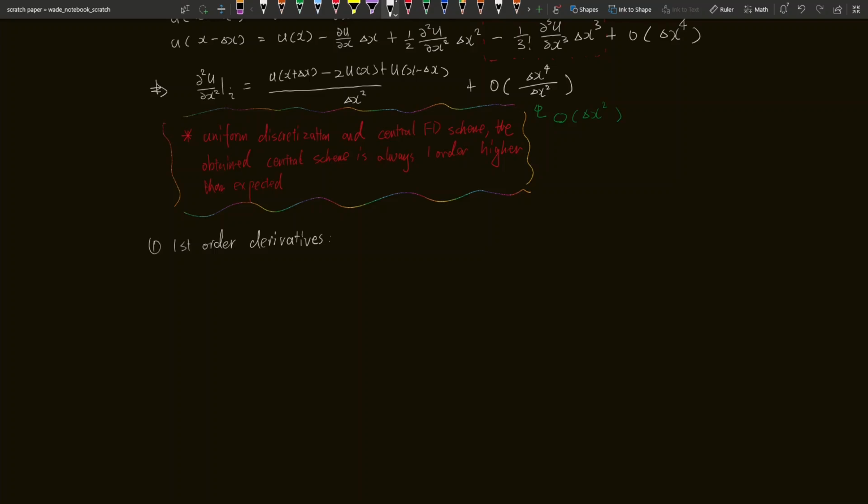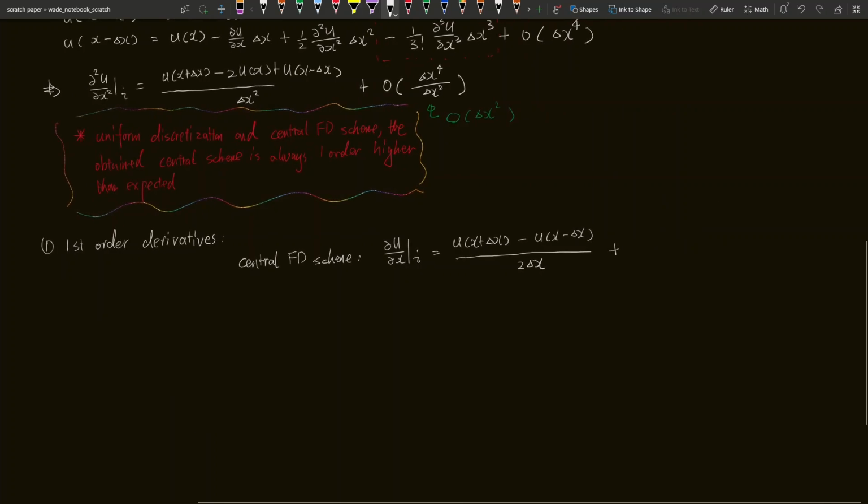So for the central scheme, we have du over dx at point i, where we are investigating, equals u(x plus delta x) minus u(x minus delta x) over 2 delta x plus an error term of order delta x squared.